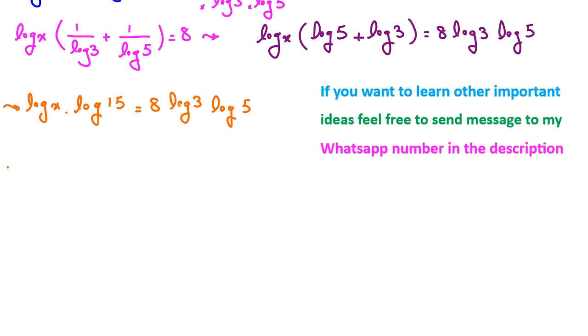So log x is what? We should divide both sides by log 15. It will be 8 times log 3 times log 5 over log 15.